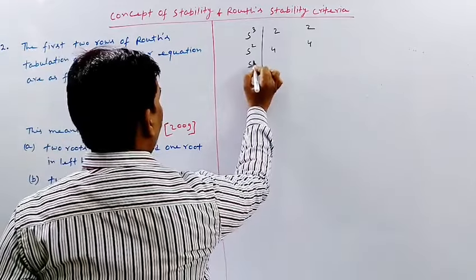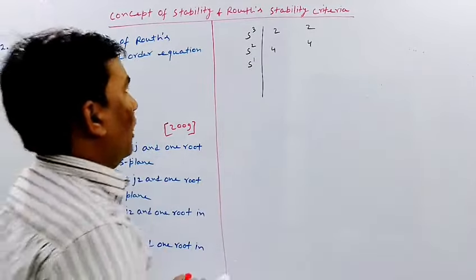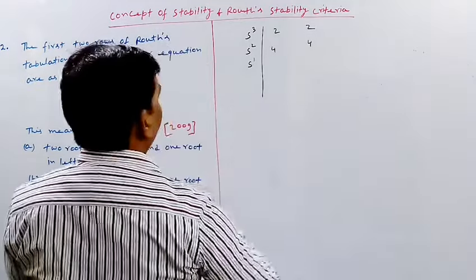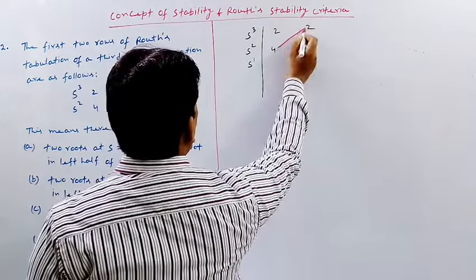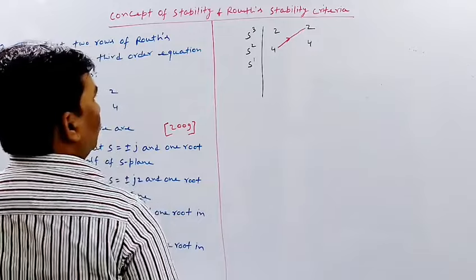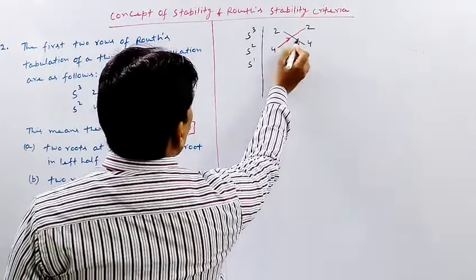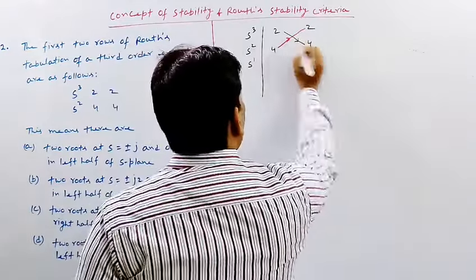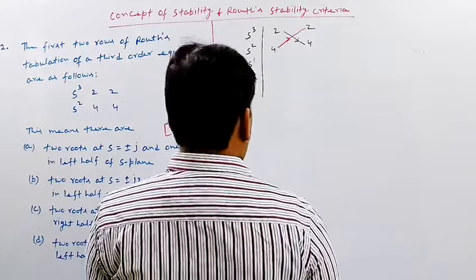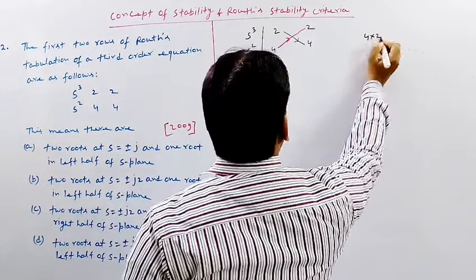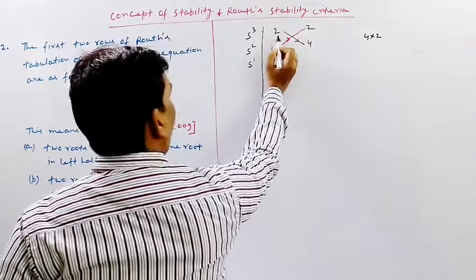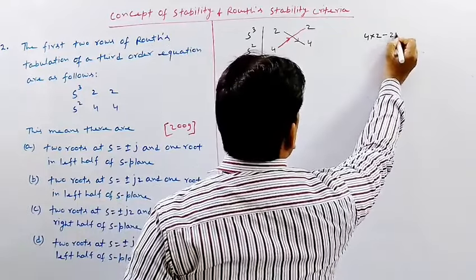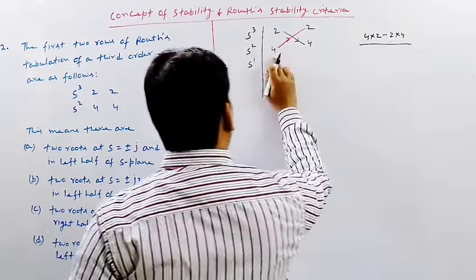If we calculate the next row, how do we calculate S1? We multiply this 4 by 2, and this 2 by 4, and then we subtract these: 2 multiplied by 4, minus 4 multiplied by 2, divided by this 4.